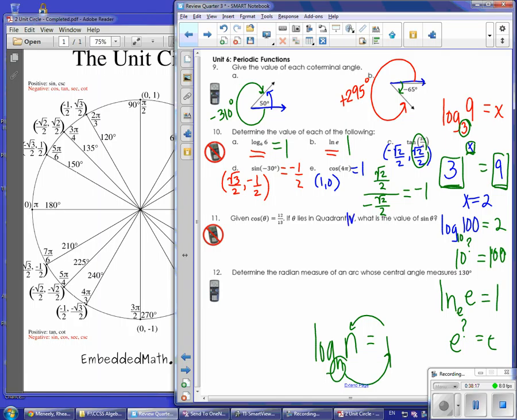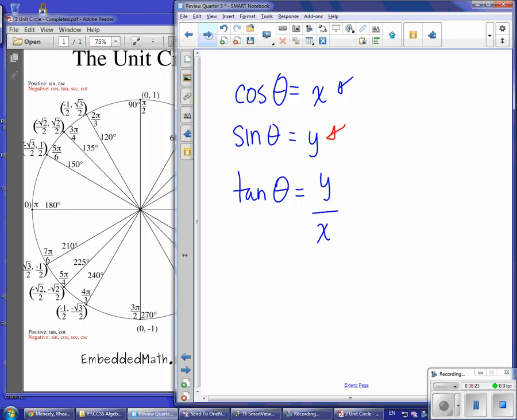Well, let's first of all set up a triangle. If I think about cosine, think about Sohcahtoa. So let me draw a triangle here. If this is my theta, and this is the right angle, I'd say that this is my opposite side, this is my adjacent side, and this is my hypotenuse. If I think about Sohcahtoa, it starts off with the sine.